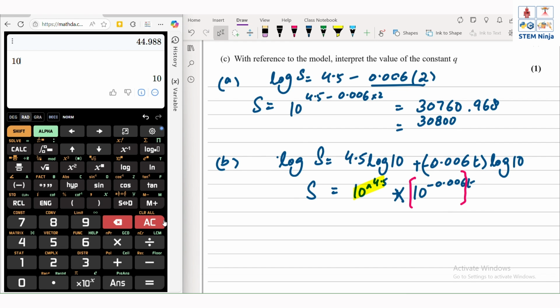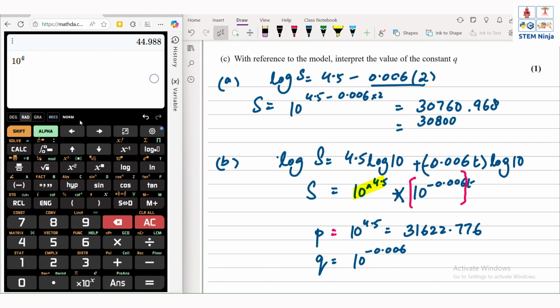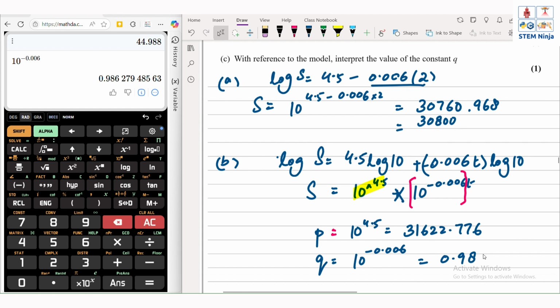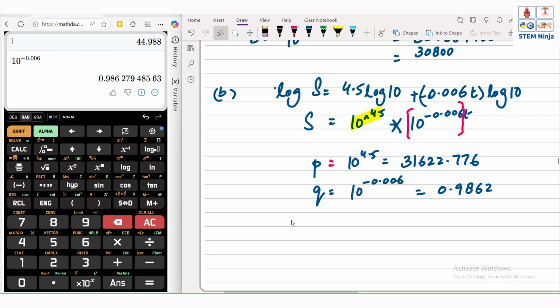So we just solve for this. 10 raised to power 4.5, we get 31,622.76, and Q is 10 raised to power minus 0.006, so we get 0.98628, and giving each to 3 significant figures, therefore 31,600 and 0.986.